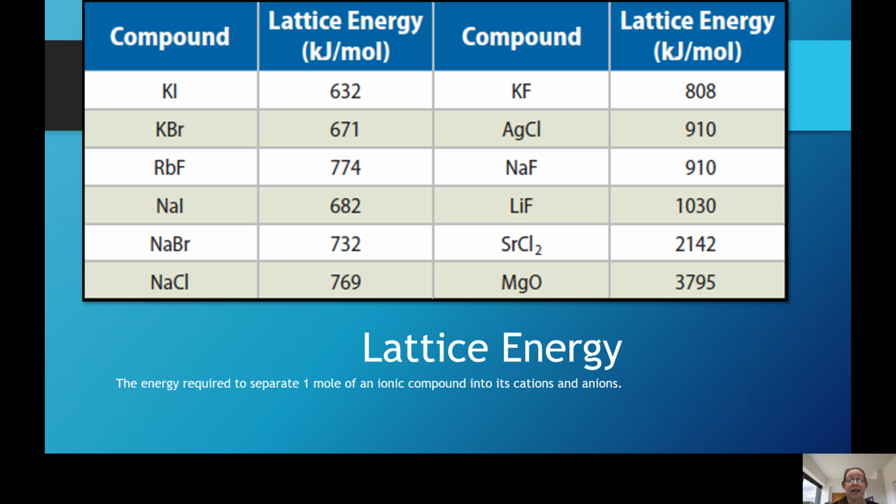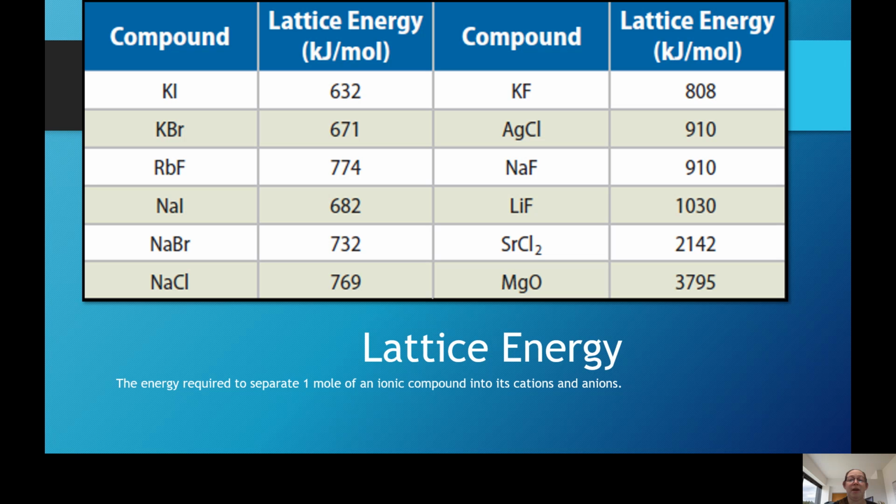The greater the electrostatic attraction between a single cation and anion, the stronger the lattice energy is. And the smaller the ionic radius of the cation and anion, the stronger the charge will be. So something like a period 2 group 2 cation and a period 2 group 16 anion will have very strong lattice energy because the ions are very small and they have a large charge, right? They have a positive 2 and negative 2 charge.